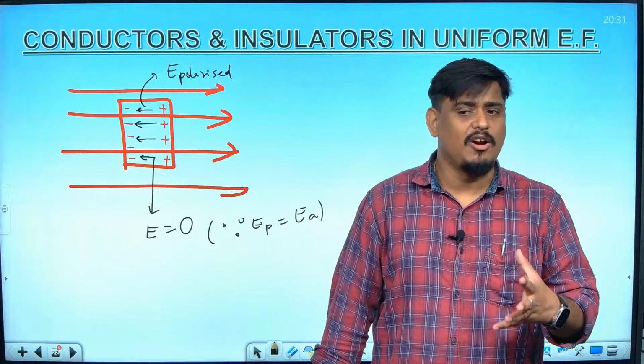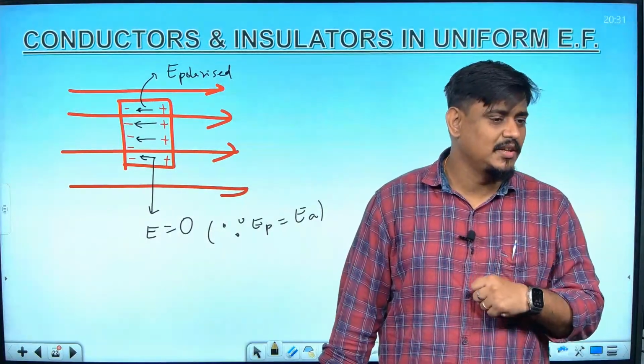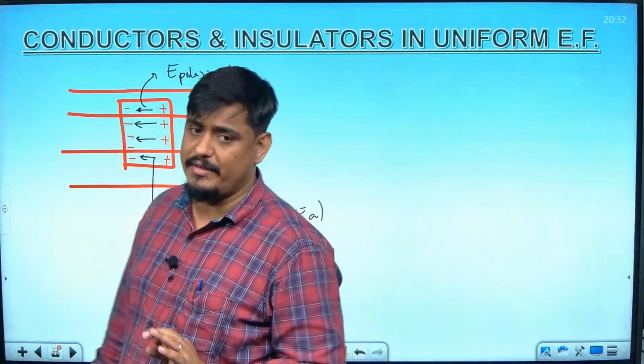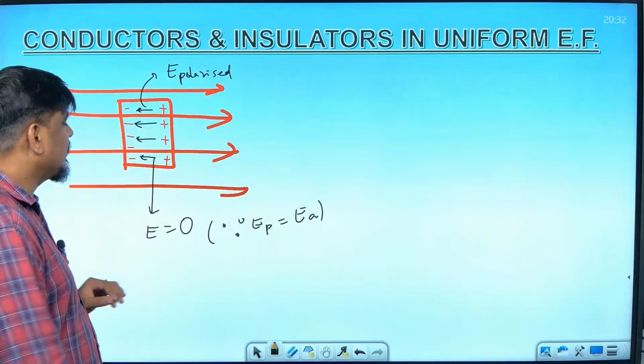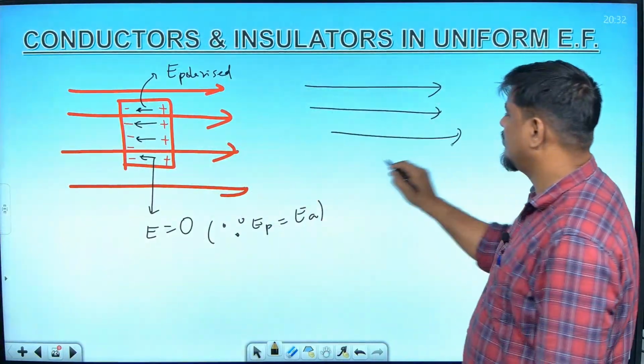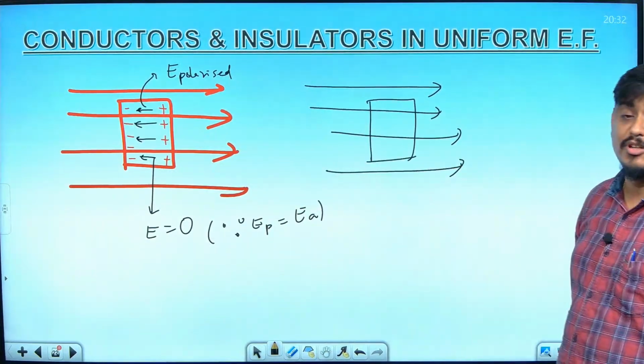Faraday's cage or electrostatic shielding is the property of conductors to have 0 electric field when placed inside a uniform electric field. Another thing is the behavior of insulators. When an insulator is placed in the uniform electric field, insulator means what?